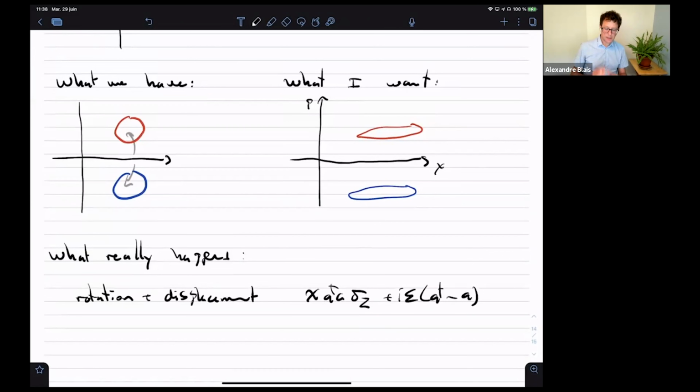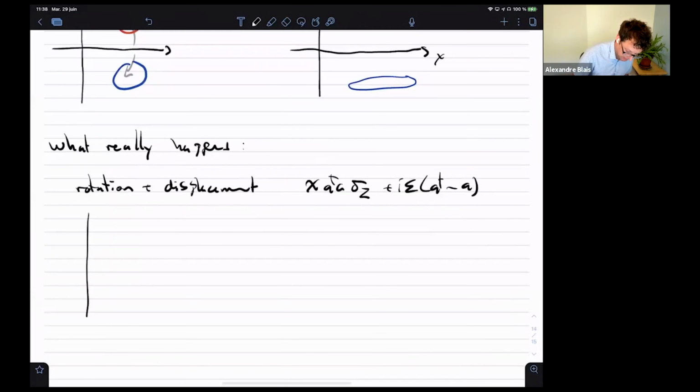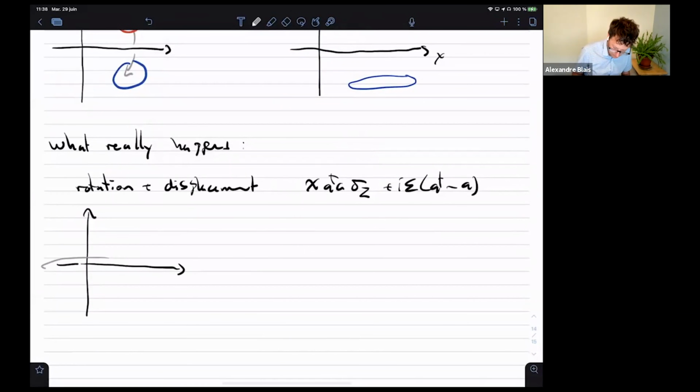Now what I'm assuming is that I will be starting with a squeezed vacuum state, instead of a pure vacuum. What I would like is an evolution which looks like this, where at the end of the evolution the two squeezed states are like so.